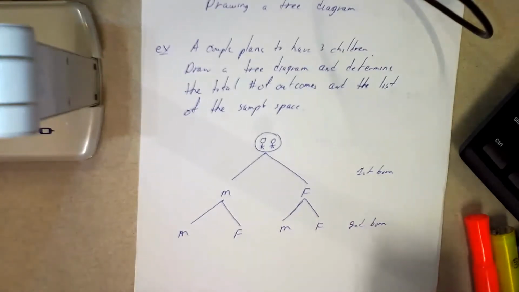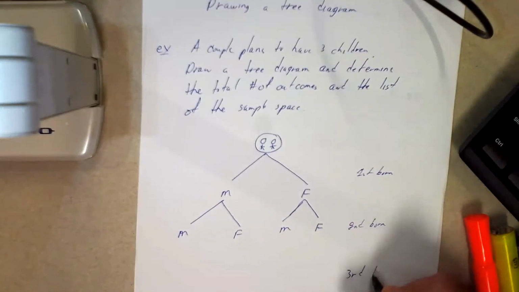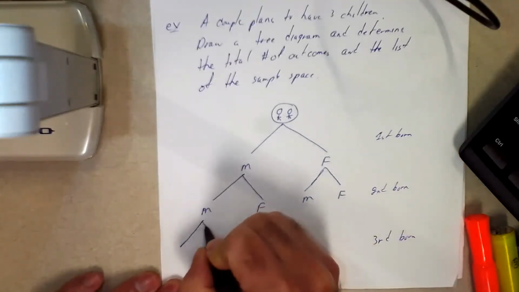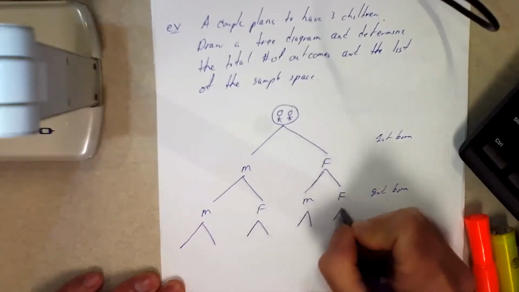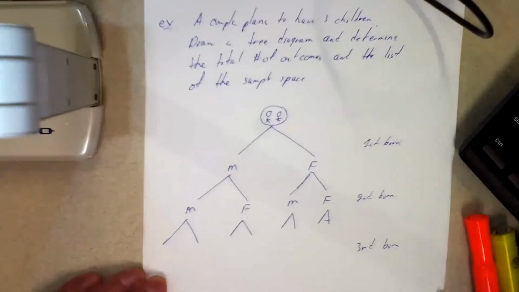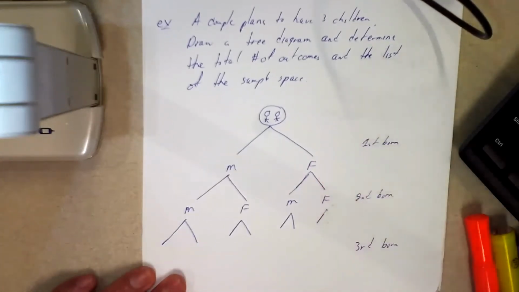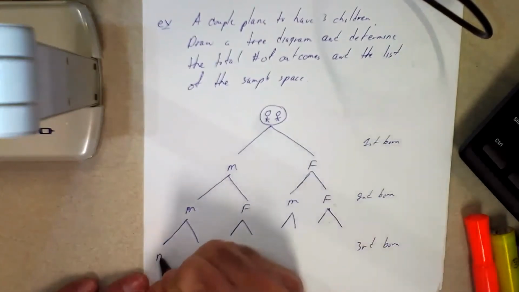So that's the secondborn. Thirdborn, you're going to draw branches off each of the secondborn. We can branch off of all of those and put male and female.